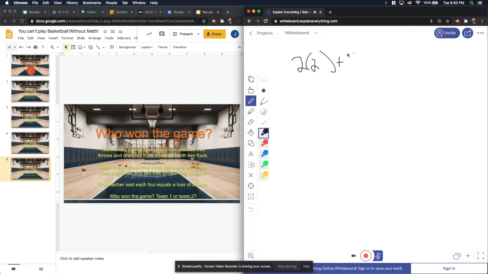So that's going to be 5 times 1. And we also have 1 shot from downtown. So 1 times 3. And if we have any penalties, we have 2 fouls. So instead of adding a plus, we're going to put a minus because we're subtracting. We're going to go ahead and subtract 2. And that's going to give us our first total here.